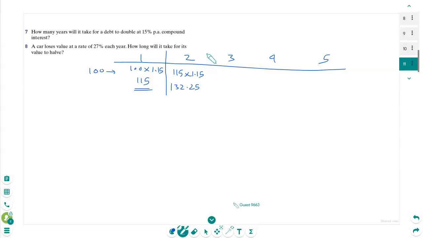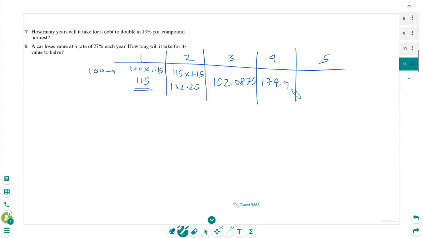After 3 years, 152.0875. Then after 4 years, 174.9 something, right?